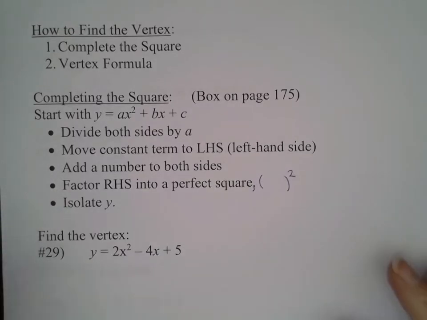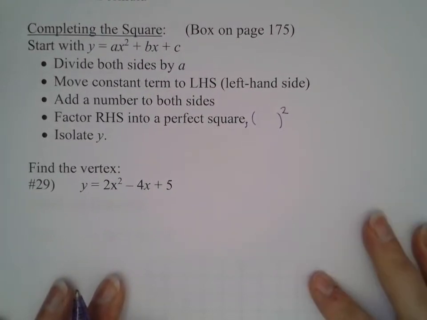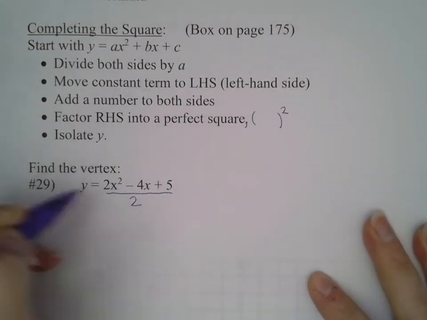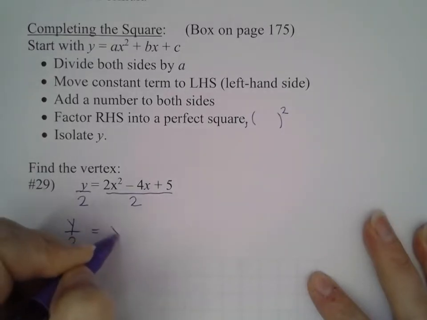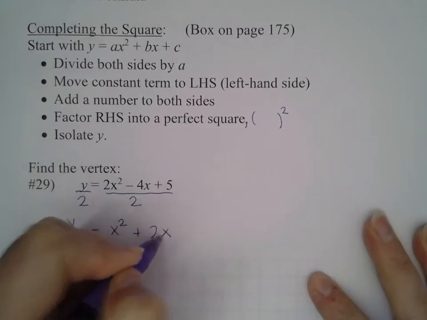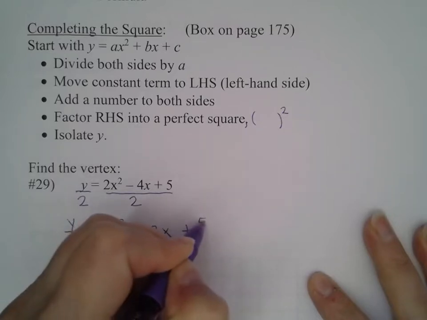Okay, so let's try that out. This is number 29 from your book. So the first step is to divide both sides by 2. So we have y over 2 equals x squared minus 2x plus 5/2.